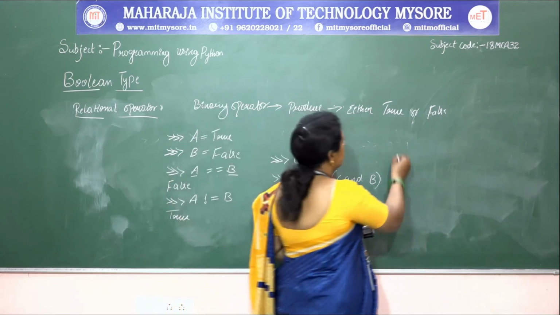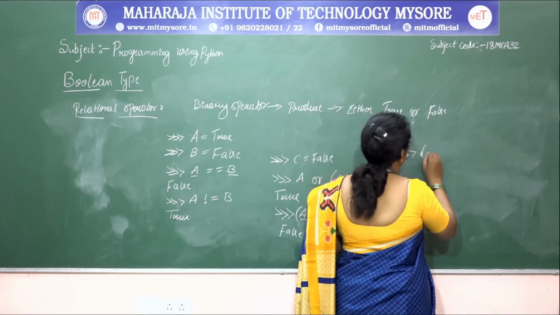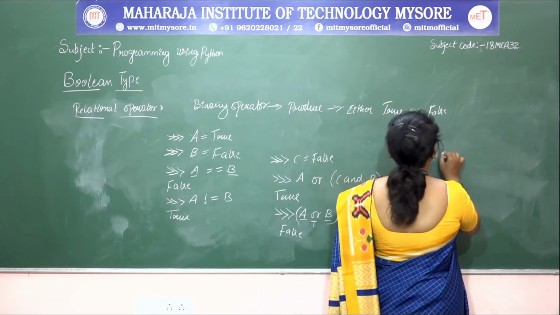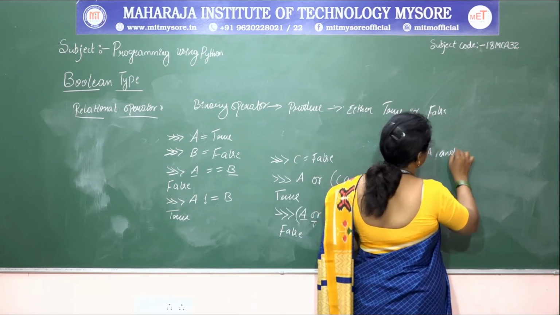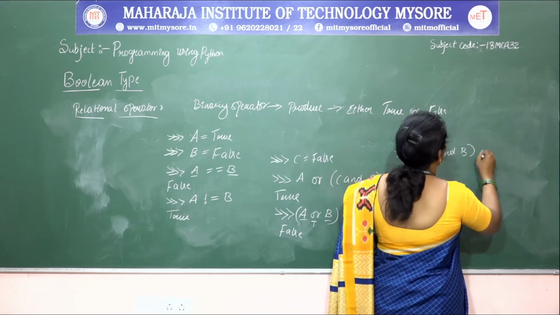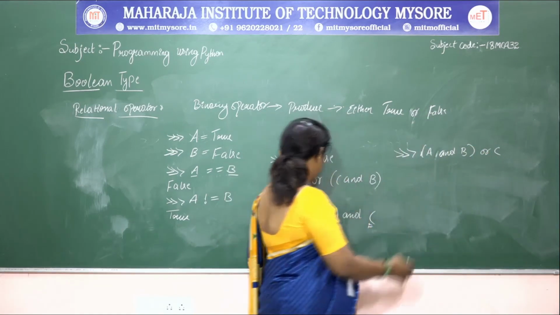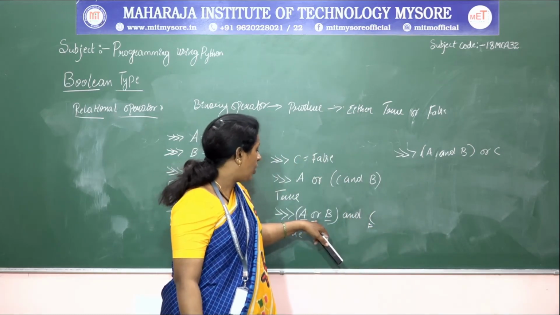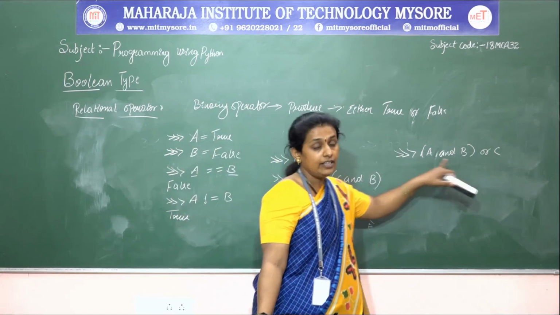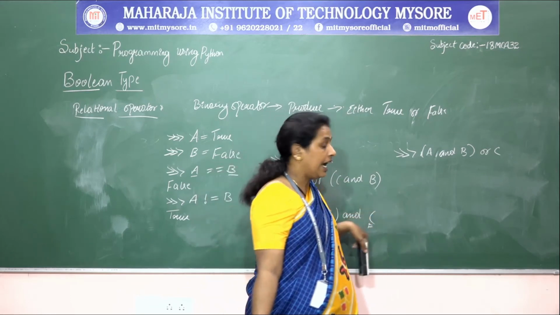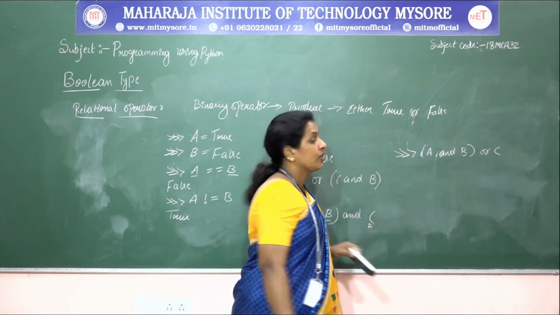Let me change the operand values: A and B or C. With respect to this, here I perform OR operation, here I am performing AND, here OR, AND and here OR.